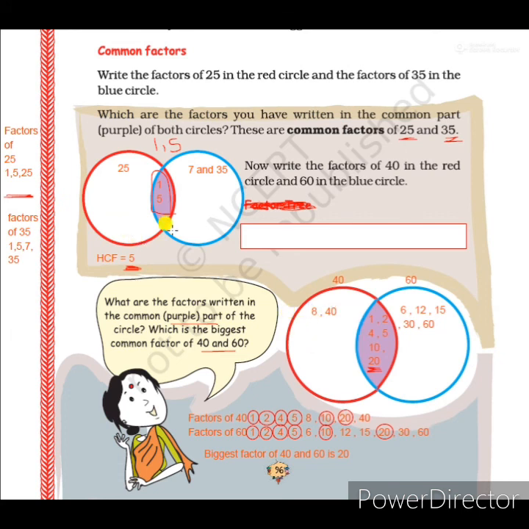HCF of 25 and 35 is 5, and HCF of 40 and 60 is 20, the biggest common factor. In this way, by finding the factors and then the common factors, we can find the HCF of any two numbers or more numbers. The remaining portion I will take in the next class.